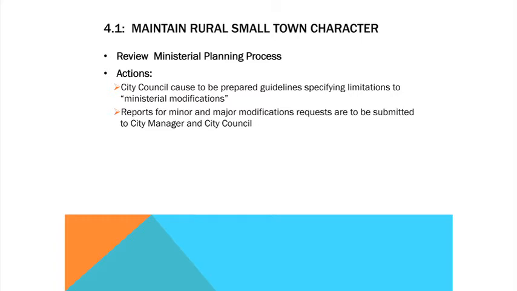I think there's a lot of stuff right now that we just wanted to make sure had a guiding plan and something more stringent to be able to follow. And that reports for minor and major modifications are submitted to the city manager and council.